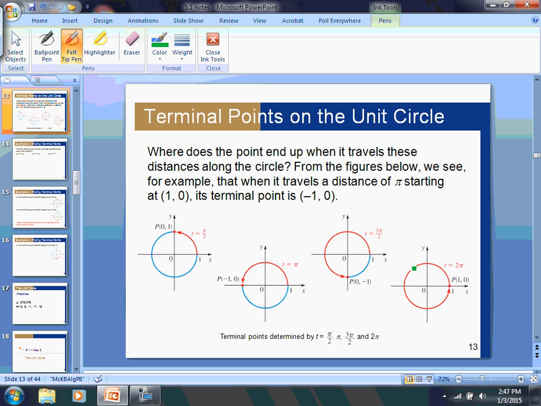And then if you move 2 pi around the circle, you would end back up at 1, 0. So it doesn't matter what distance they give you. For now, you're going to end at these nice terminal points that are going to be on the axis. In the future, you might end at the 30-degree or the 45 or the 60-degree increments in any of the quadrants.